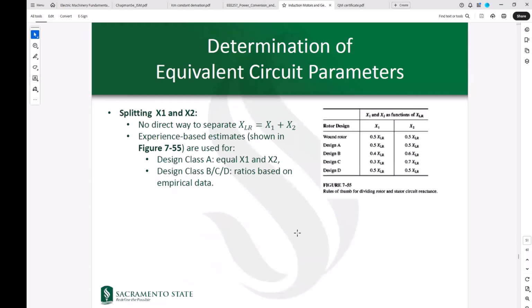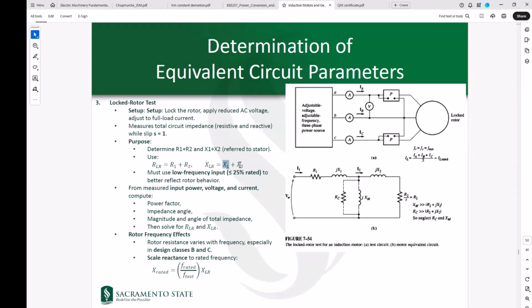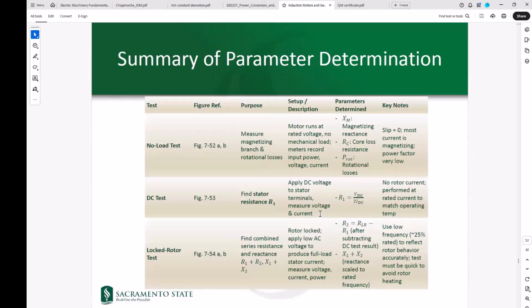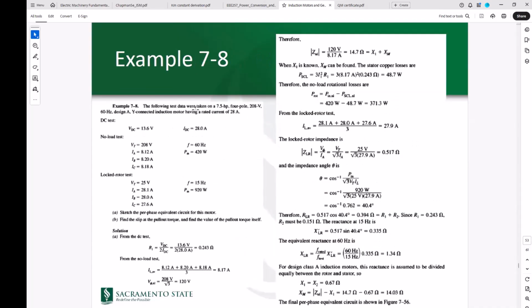All right, so in order to split X1 and X2, we said we find X1 plus X2 out of the locked rotor test, but how to split that depends on the design. So if you have a design A, half of this value would go for X1, the other half for X2, and so on and so forth for the rest of the designs. And this is a summary table, but really, what can determine it better would be an example.